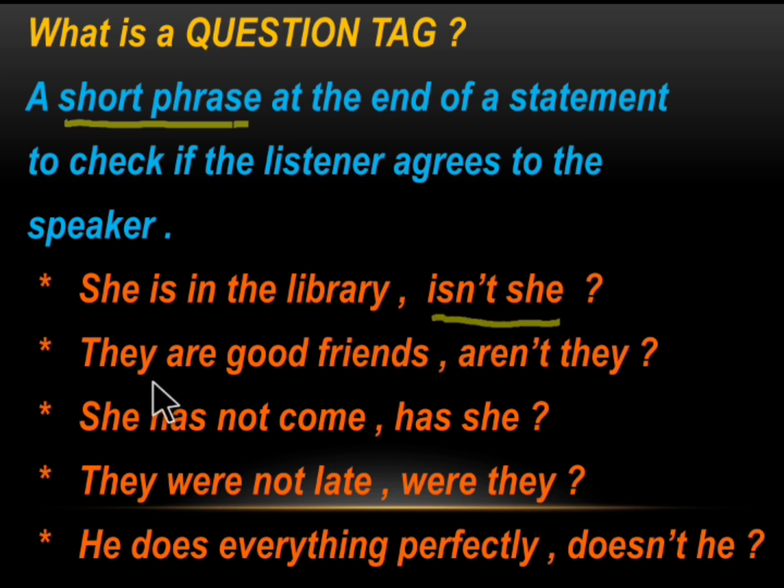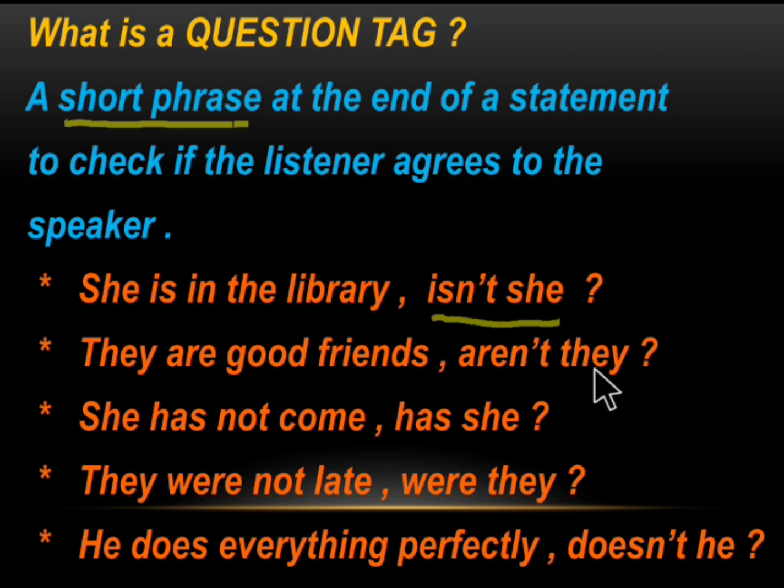Next sentences. They are good friends, aren't they? She has not come, has she? They were not late, were they? He does everything perfectly, doesn't he? In the first sentence, they are good friends is the statement, and the question tag is used to get confirmation.